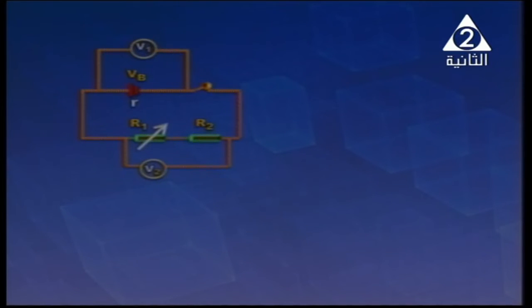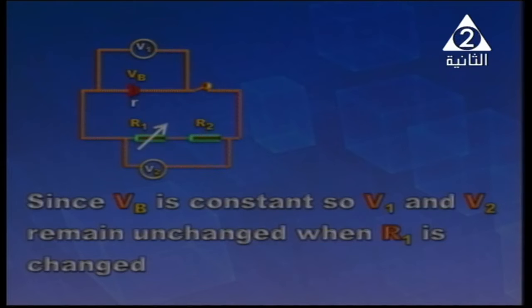So by changing R1, the value on each voltmeter will not be changed. Okay, so in this particular case, when r is equal to 0, V1 will be equal to V2, and each one of them will be equal to V battery. Since V battery is constant, V1 and V2 remain unchanged when R1 is changed.